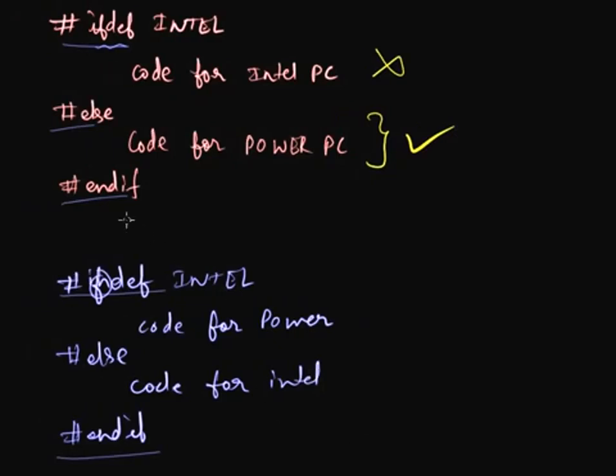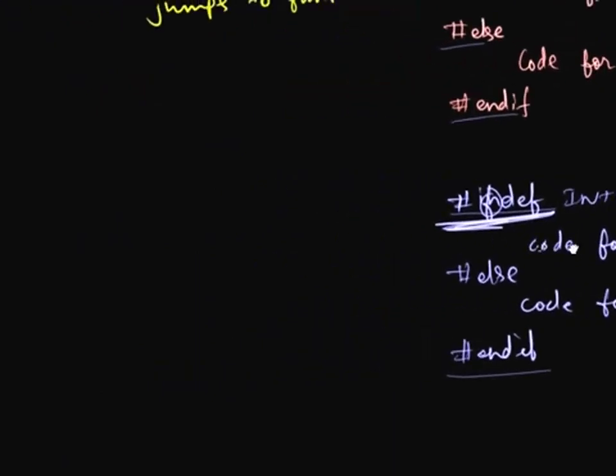So these directives are based on whether something is defined or not defined, so we have to use the #include and #define directives also. There is another conditional compilation directive which does not depend upon something being defined or not. It is #if. It is just based on any condition, right?